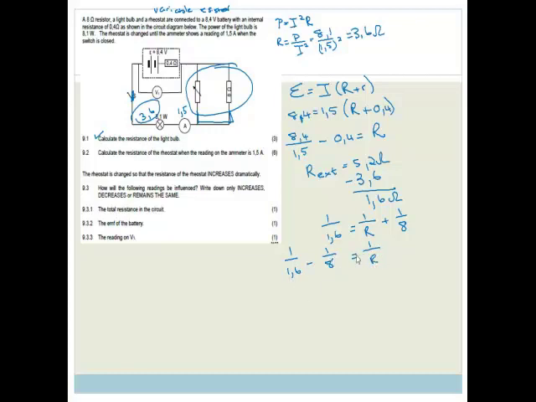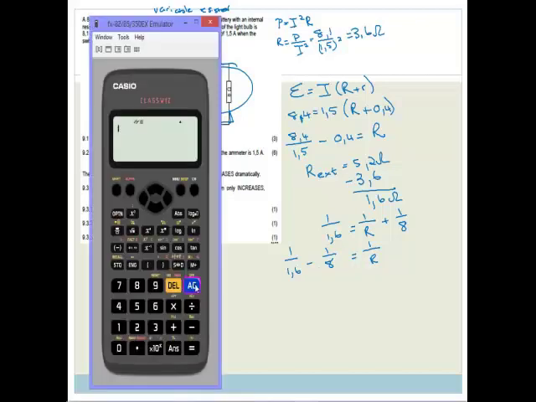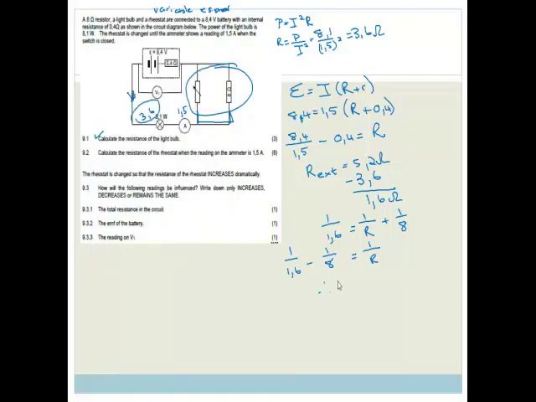Putting that in our calculators, 1 over 1.6 minus 1 over 8 equals a half. So 1 over 2 equals 1 over R, the resistance of the rheostat. Therefore the resistance of the rheostat is 2 ohms. Ta-da! So that's 2 ohms there.